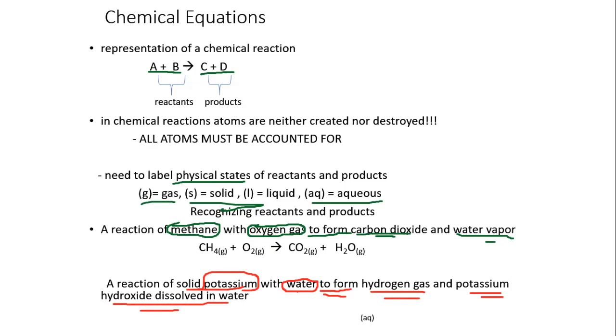One thing you have to remember is that hydrogen gas is diatomic. It's going to be H2. So we have potassium plus water yields H2 plus potassium hydroxide. Now, since it's dissolved in water, we use the subscript AQ. So this is how you write chemical equations describing a chemical reaction.